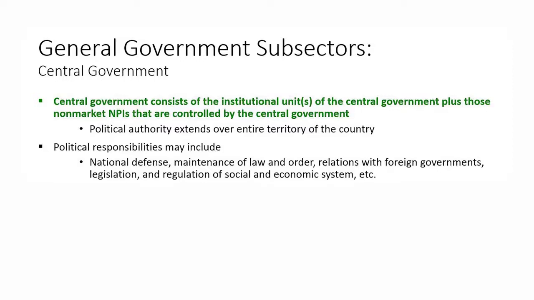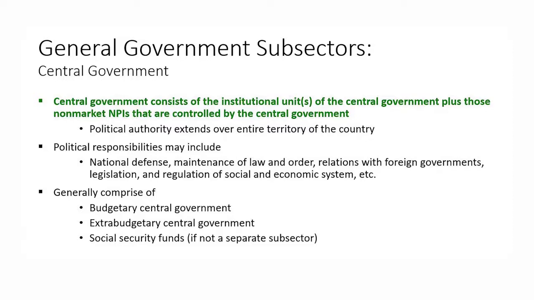So also what is the budgetary part of these things has to be sorted this way. There's generally a compromise between budgetary central government, extra budgetary central government and social security funds. This can be located outside the central government, but it should in all cases be part of the general government.